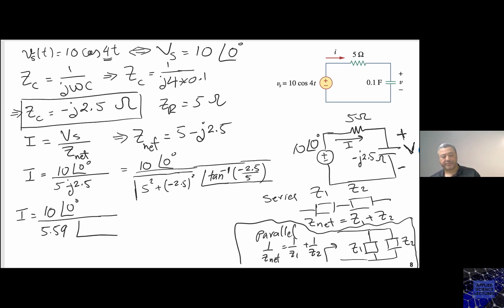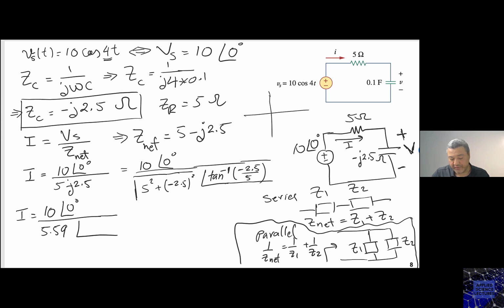The angle. How much is the angle? Tan inverse of minus 2.5 divided by 5, which is, you have to be careful here for the angle, right? If you use the calculator, it's going to tell you minus 26.56. Keep in mind that you should know in which quadrant this angle is.